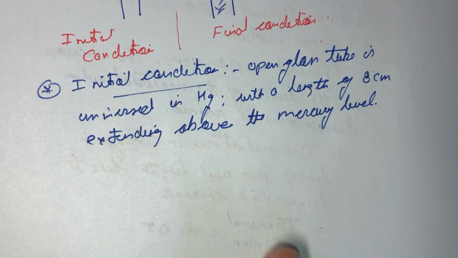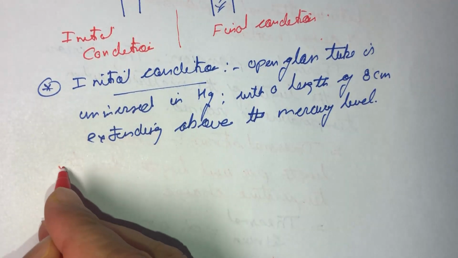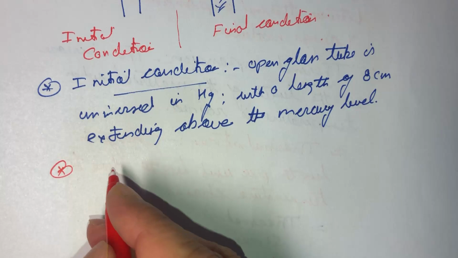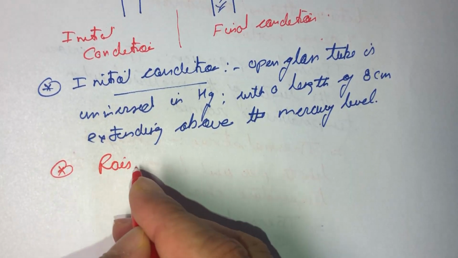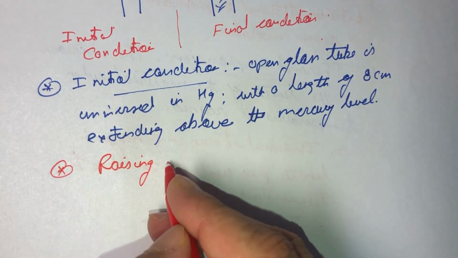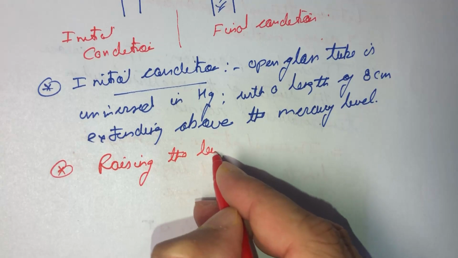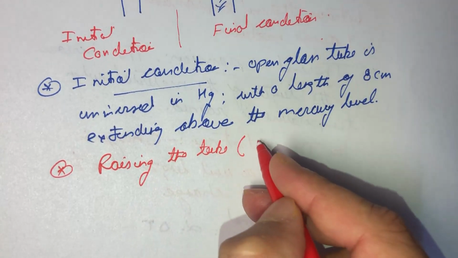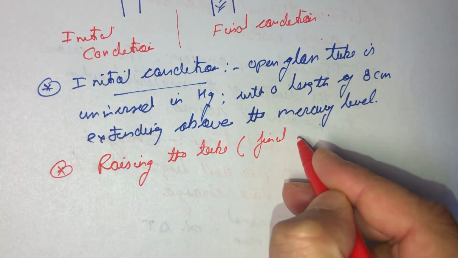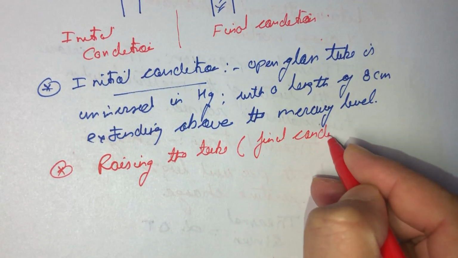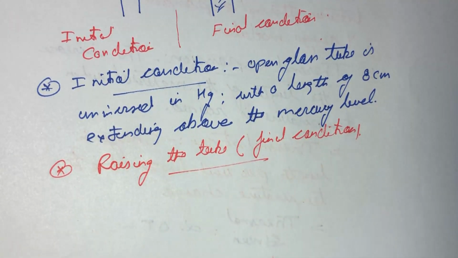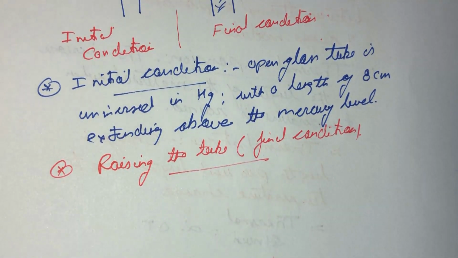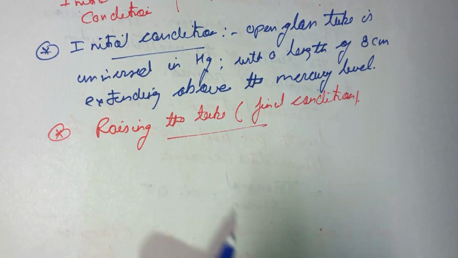Now we go for the final condition, and the final condition is raising the tube. The tube is additionally raised by 46 cm.